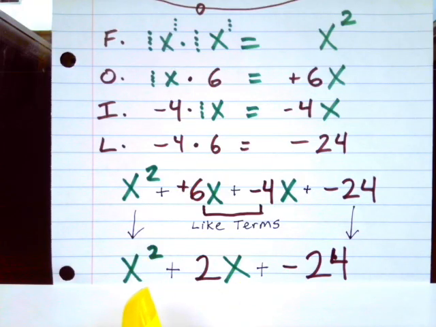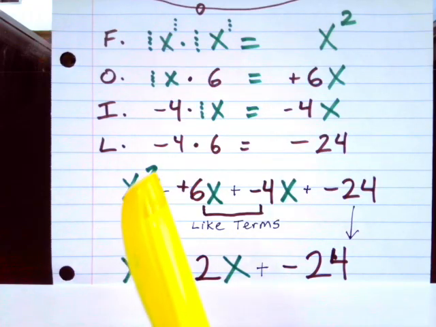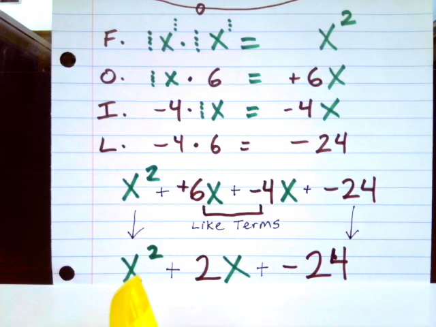I'm just going to rewrite that x squared. I'm going to bring down and rewrite that negative 24, because there are no other like terms for negative 24. There are no other like terms for the power of x squared either. So that's it, we're done. We just rewrite those terms. Does this look like the original polynomial expression? It is, and so I know that the factoring is correct.